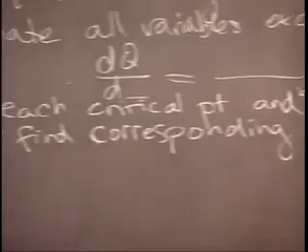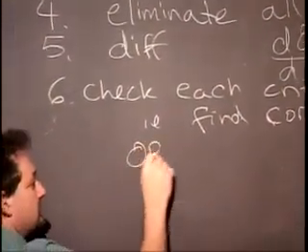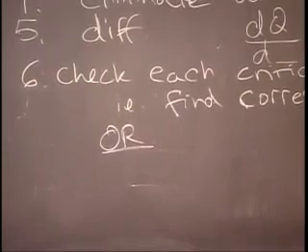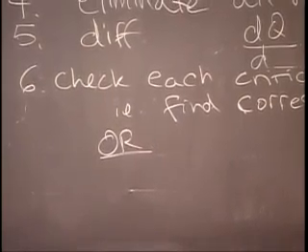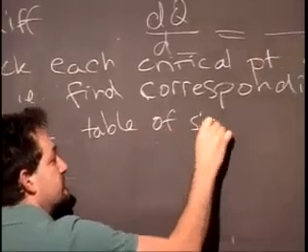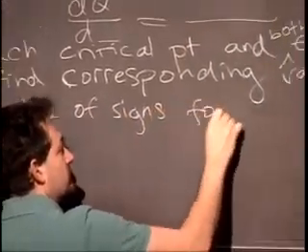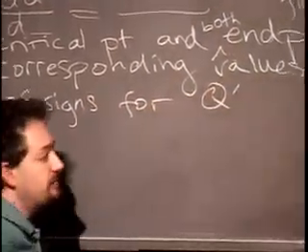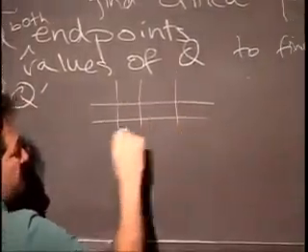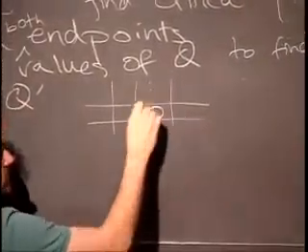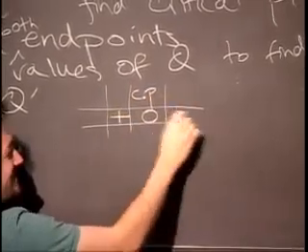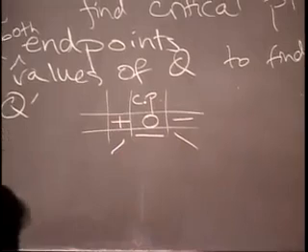But we also have 2 other techniques. Sometimes you can't find the endpoints as easily. So there are some other techniques. We have the table of signs for the first derivative. Remember, if you've drawn up a table of signs and it looks like this, this is at the critical point. If it's, say, positive and then negative, it's a maximum.